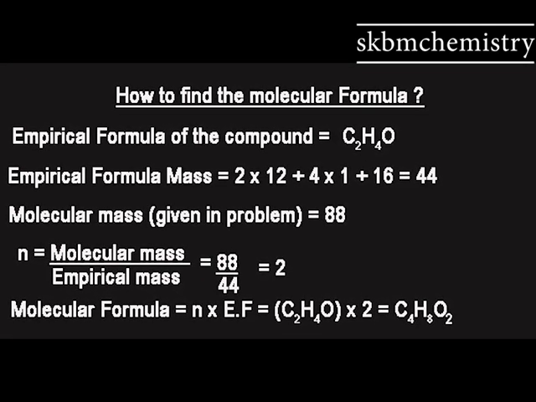We got the empirical formula as C2H4O. So the empirical formula mass is 2 carbon atoms, 2 into 12, plus 4 hydrogen atoms, 4 into 1, plus 1 oxygen atom, that means 16. Altogether we get 44. So what is n? Molecular mass divided by empirical formula mass is equal to 88 divided by 44, which is equal to 2.